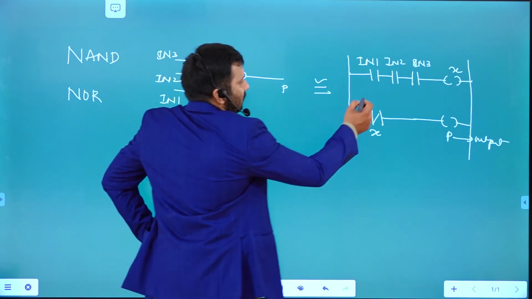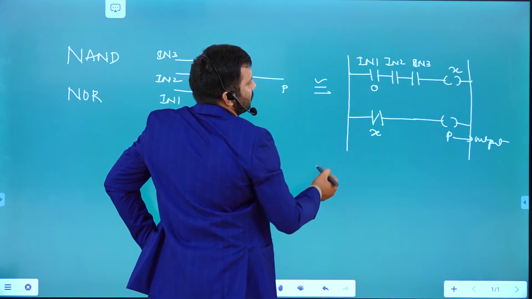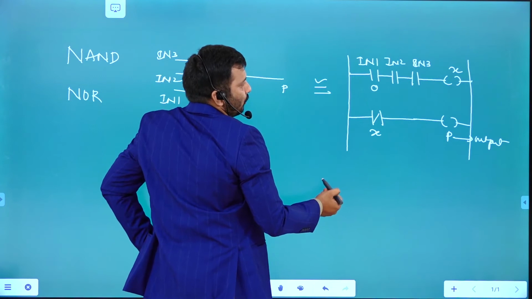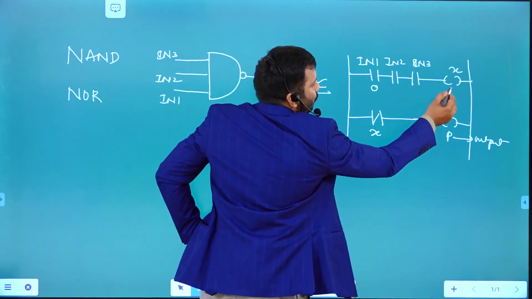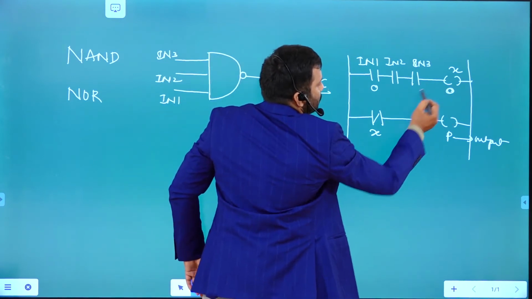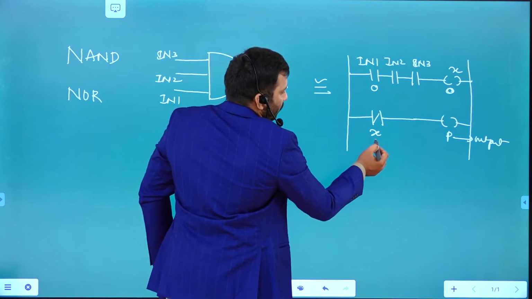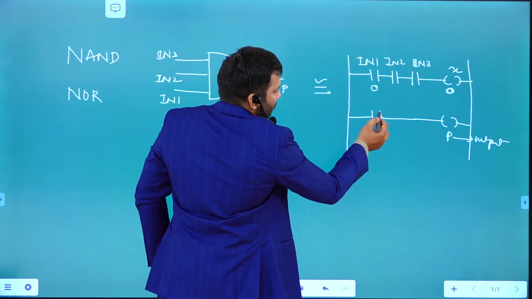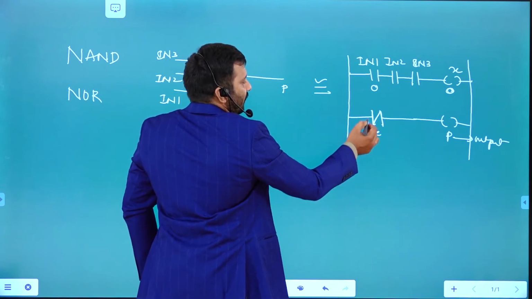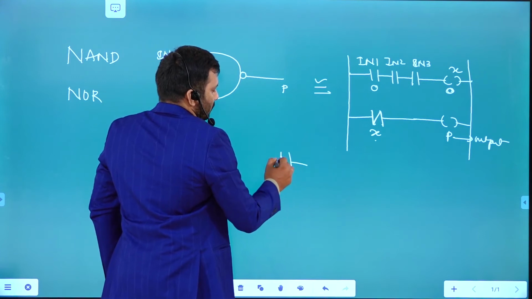Look at this particular one. If any one input is 0, what will happen? This is a normally open contact, so it's not going to be closed. That is the reason the output is going to become 0. Once this is 0, it's a normally closed contact.